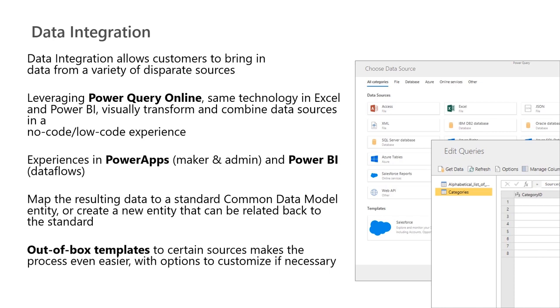You have a number of data sources, everything from SQL to Azure Tables to Salesforce, IBM databases that you can bring data in from, transform, and bring in. There are templates for some of the common sources, things like Salesforce, to bring data into the platform. Once the data is integrated into Common Data Service, you can use all the tools that are available to the Common Data Service on that data.